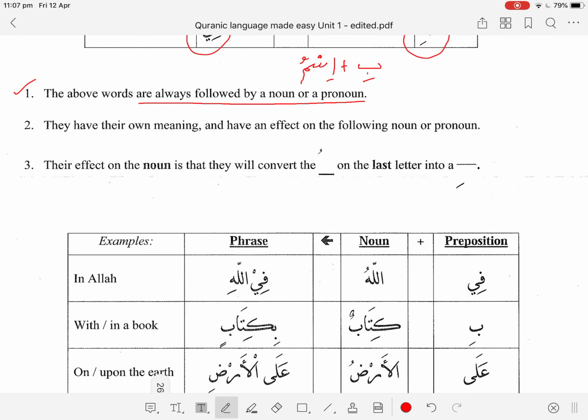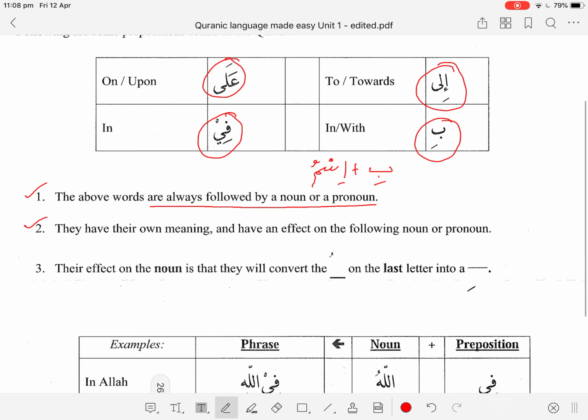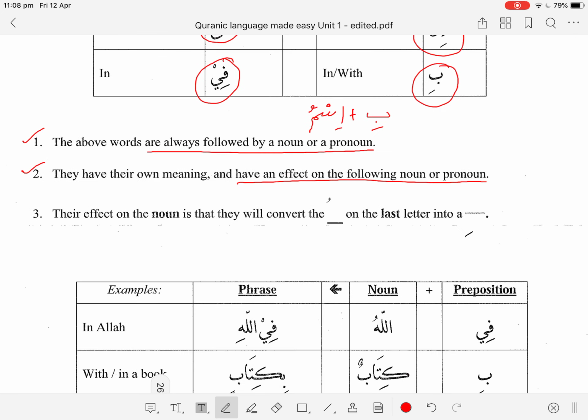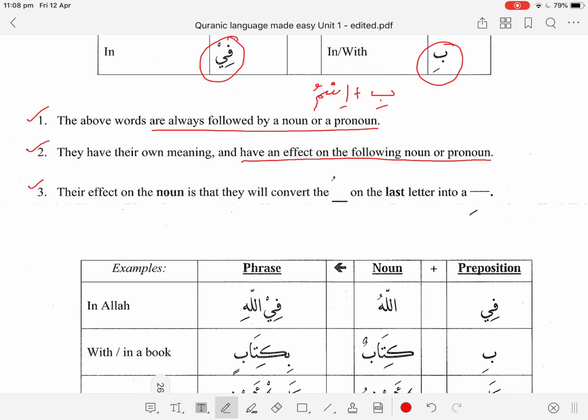The second important point is that they have their own meaning. Of course, ila has its own meaning. Bi has its own meaning, but it has an effect on the following noun and pronoun. And what is the effect? One of the most apparent effects is that it will convert the harkat on the last letter of the word, which will usually be dhamma or u, into a kasra.